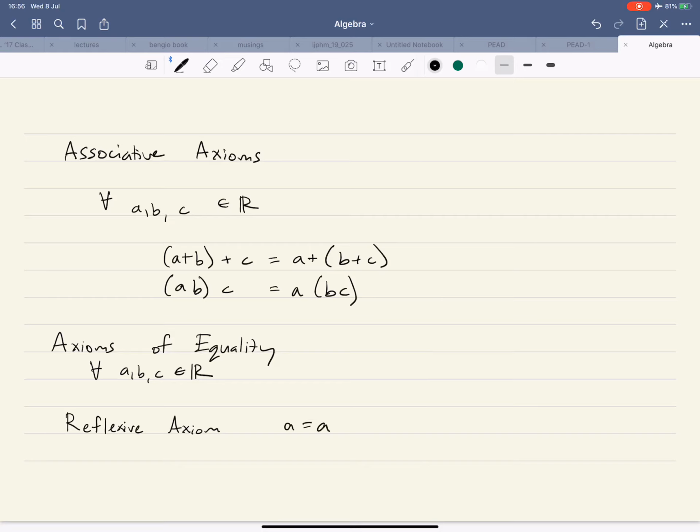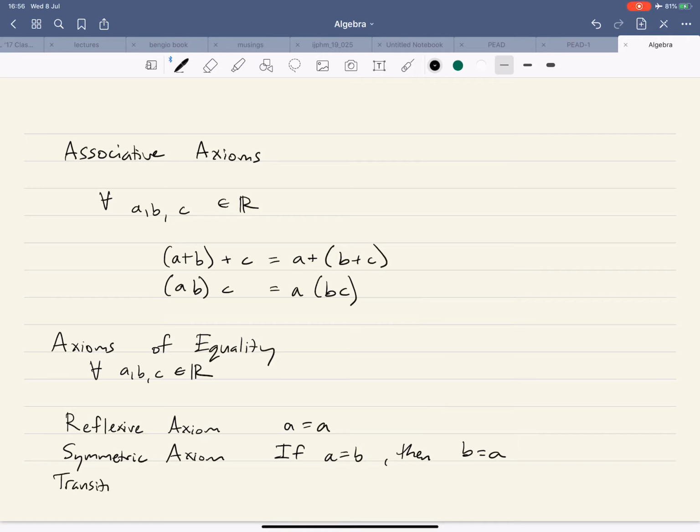So just a equals itself. That makes sense. The symmetric axiom, which is saying that if a equals b, then b also equals a, right? If two things are equal, it doesn't really matter which one is on the left side or the right side of the equality sign. They're both equal.